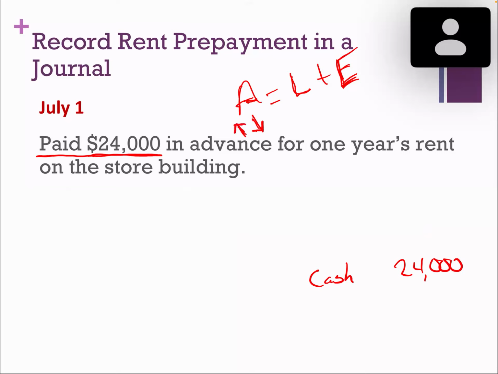Because now all of a sudden we have what we call prepaid rent, and that's a resource to the business, right? That's going to provide economic value to the business into the future. So we're going to debit that asset account. So we're crediting the asset account cash because it's going down, but we're going to debit prepaid rent.